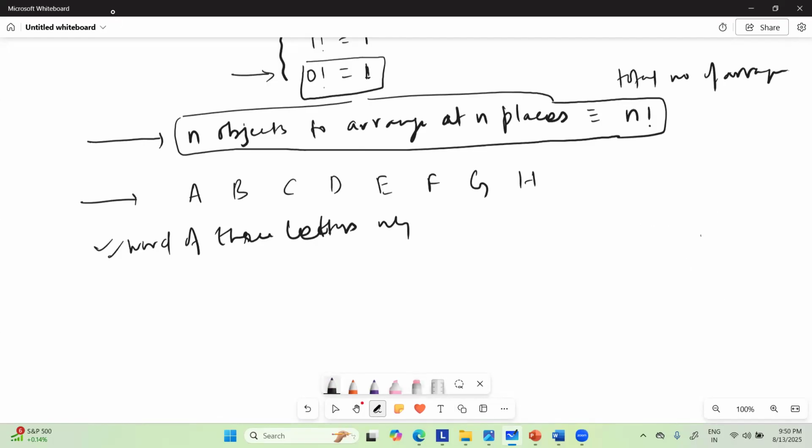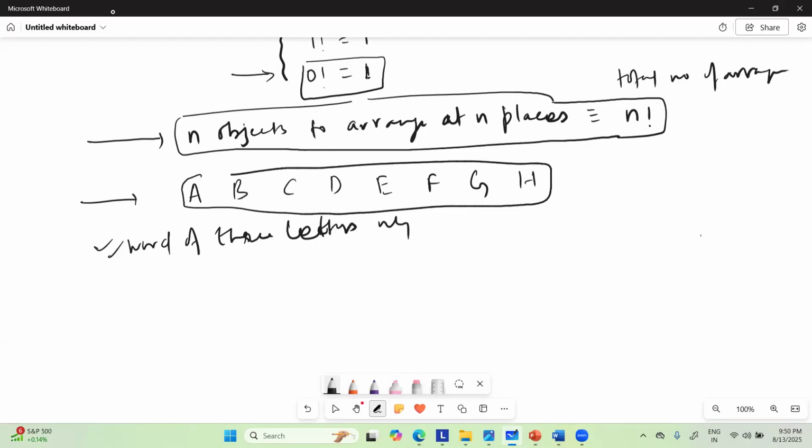Because only these 3 letters together will give you 6 words. These 3 letters will also give you 6 words. So all the distinct 3 letters will give you 6 words each.